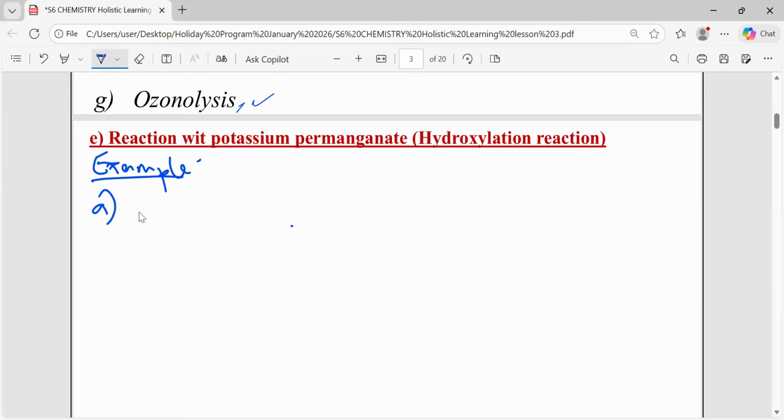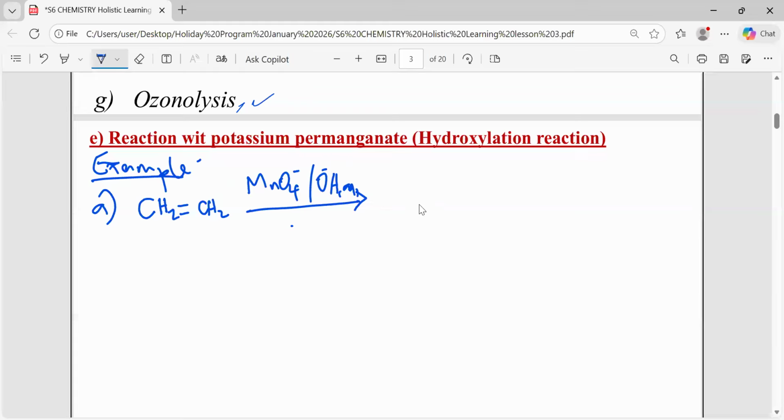Ethene. And we're reacting it with potassium permanganate, in its ionic form, aqueous. Okay, tell me the product. What is the product here?